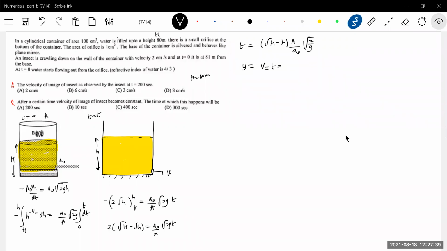At that instant we'll get the information. Somewhere here we'll see the insect. We need to know at what height it is. There's the position of insect.